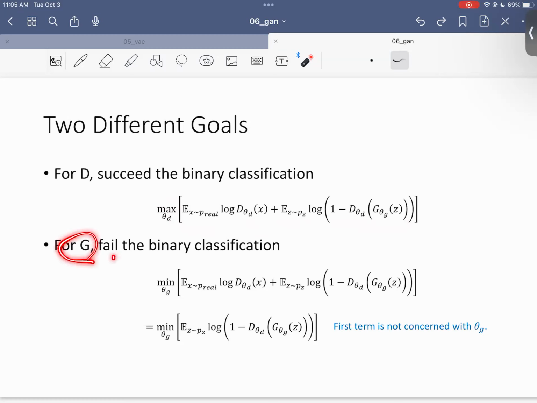But for G, we want it to fail, so we want to minimize this cross entropy by manipulating the generator's parameter. But if you look at this term here, it has nothing to do with theta_G. There's no theta_G in this term, so we throw it out, and all we are left with is the second term. So D has this term to satisfy, and G needs to perform from this. So there's a conflicting goal between the two.